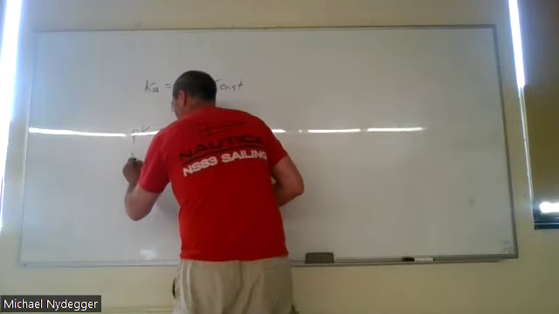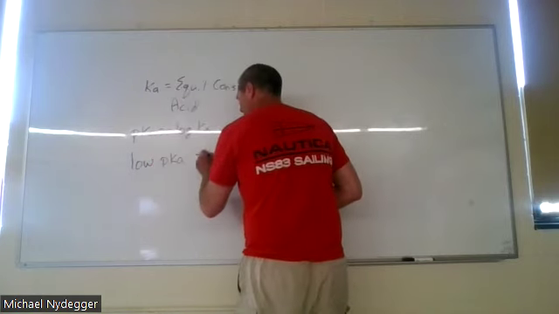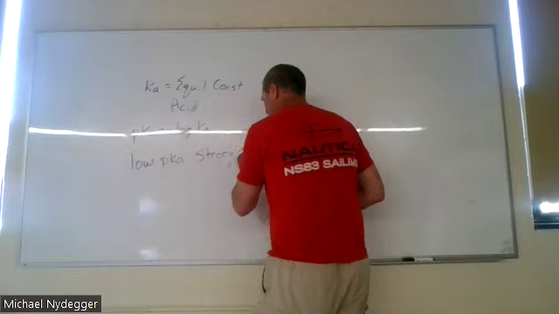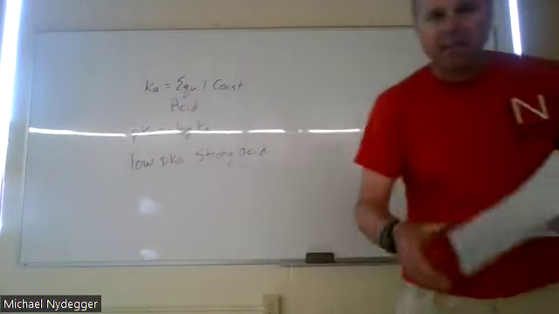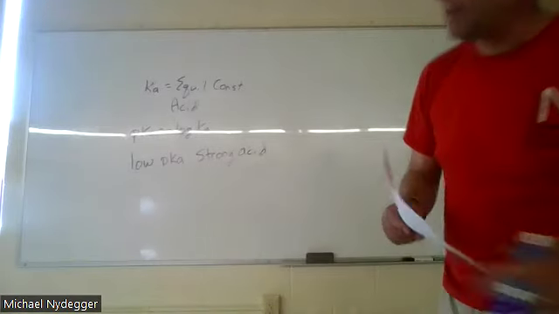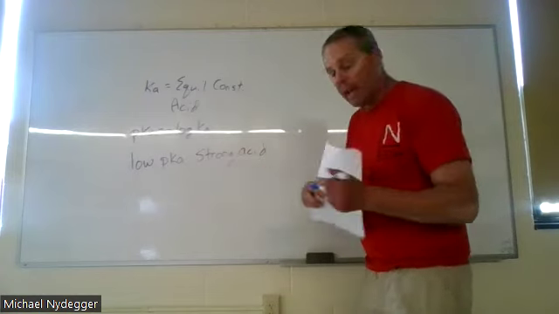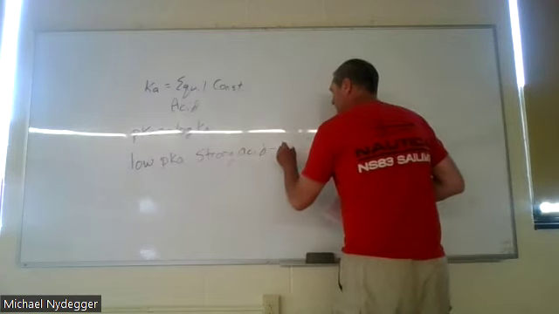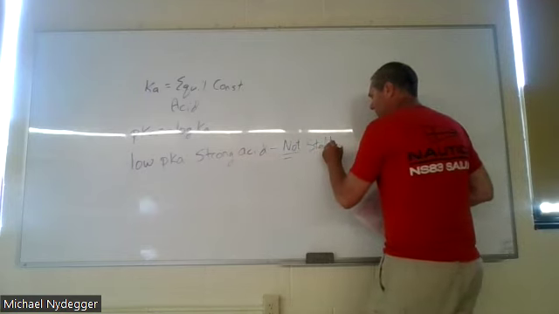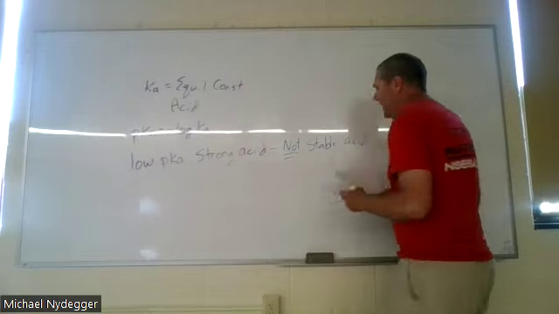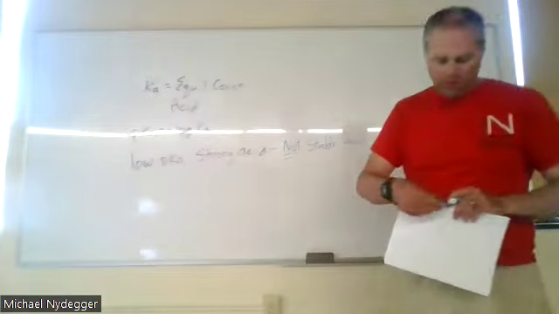Now, if we have a low pKa, we have a strong acid. I talked about this in the spring, but I don't expect you to remember, and that's perfectly fine. If it has a low pKa, it's going to be a strong acid. This is a not stable acid, meaning it wants to dissociate. It wants to break apart. Okay?